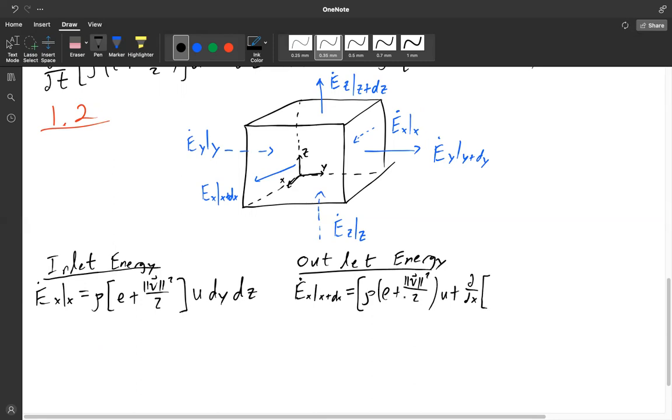This is the energy at x plus the energy at dx. Partial x of rho times e plus velocity magnitude squared over 2 times u, dx, dy dz, because they're both going through the x plane.